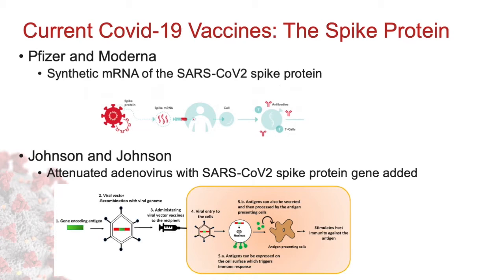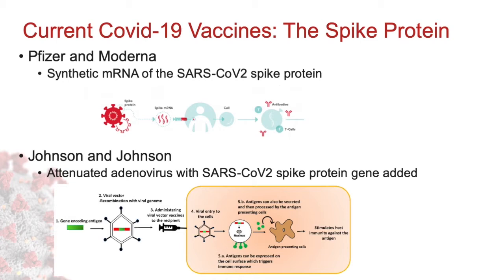Once a messenger RNA is inside a cell, the cell will read that and make the spike protein. So if you can get the spike protein messenger RNA into your cells, your body will start making the spike protein and advertise it to the immune system. The immune system will recognize it and hopefully make antibodies and T cells against it.